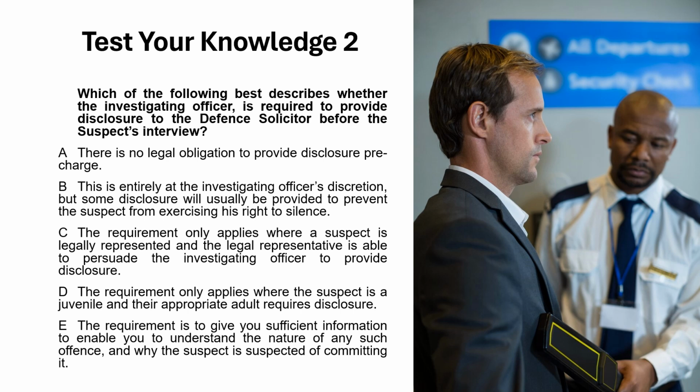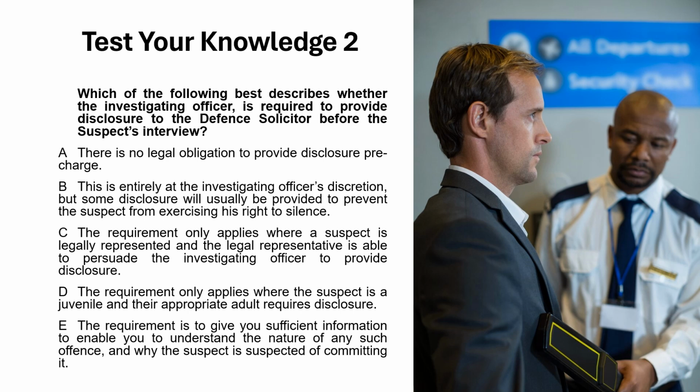Test your knowledge 2. Which of the following best describes whether the investigating officer is required to provide disclosure to the defence solicitor before the suspect's interview? A, there is no legal obligation to provide disclosure pre-charge. B, this is entirely at the investigating officer's discretion, but some disclosure will usually be provided to prevent the suspect from exercising his right to silence.